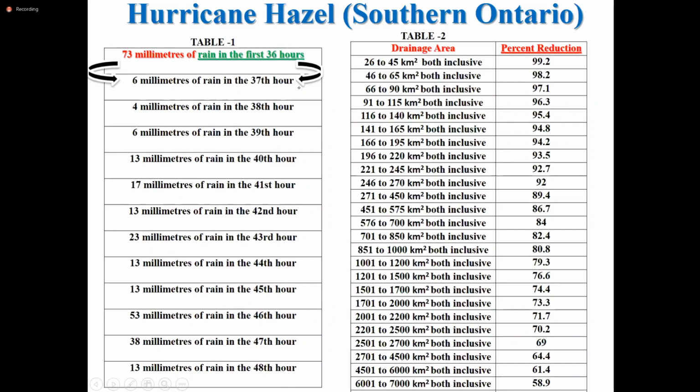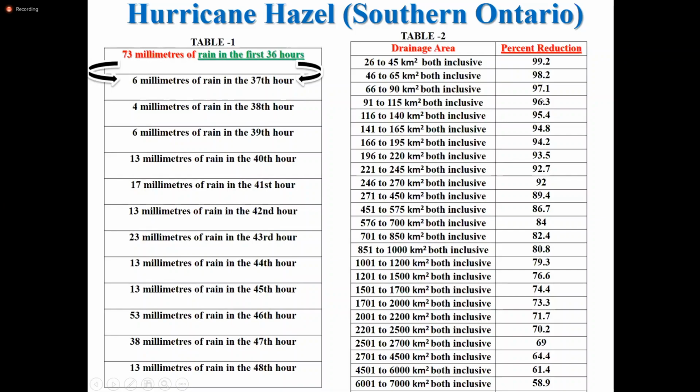The area of coverage for these is like 26 to 45 square kilometers. If your watershed area is greater than 26 but equal to or less than 45, then you must reduce that amount by 99.2%.